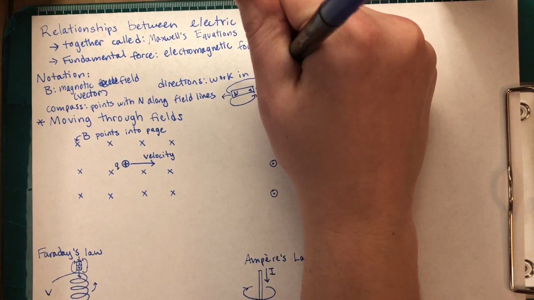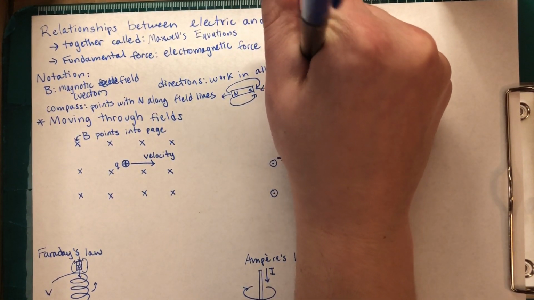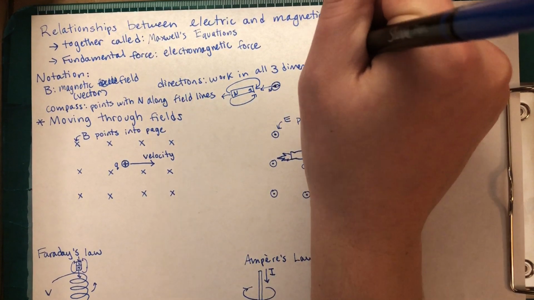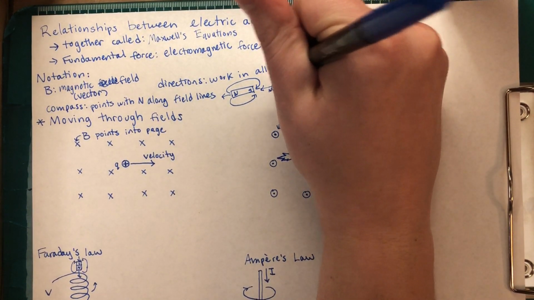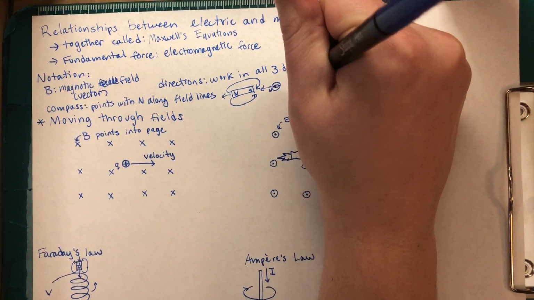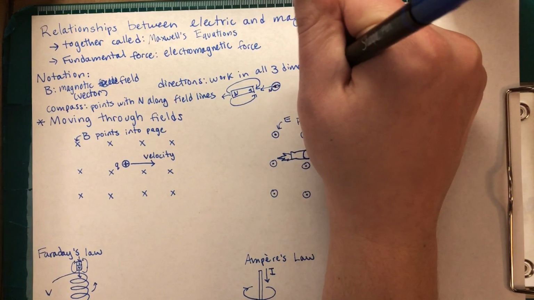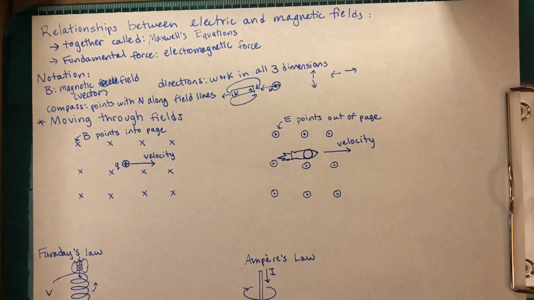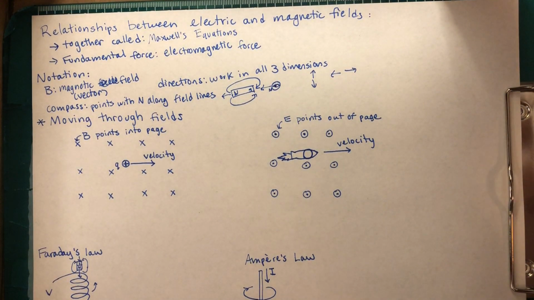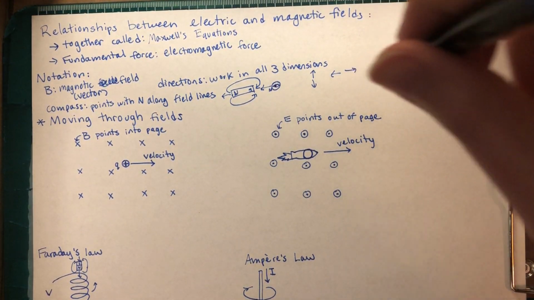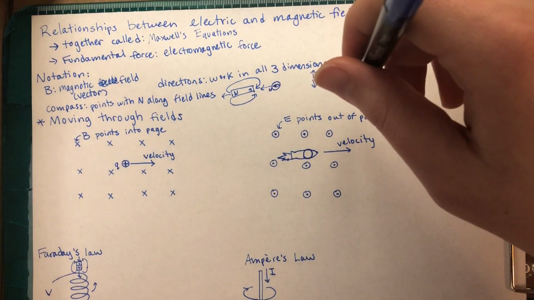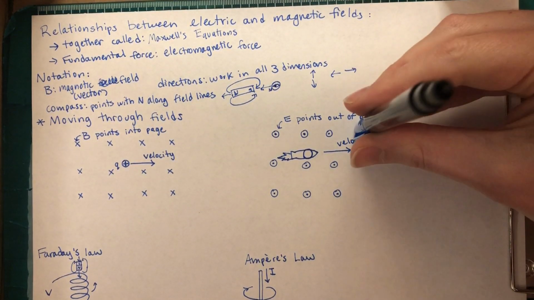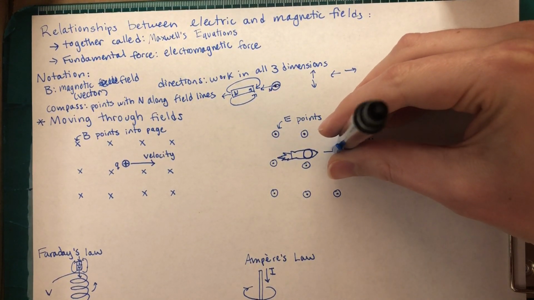Which is another reason why we don't really deal with this stuff quantitatively, meaning with numbers, in this course. So we have up and down. We have left and right. But we also have this direction into the page and this direction out of the page.